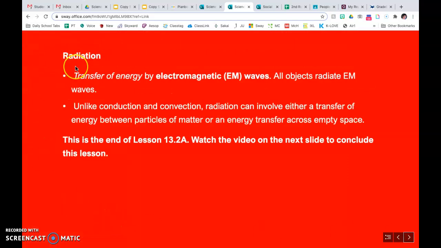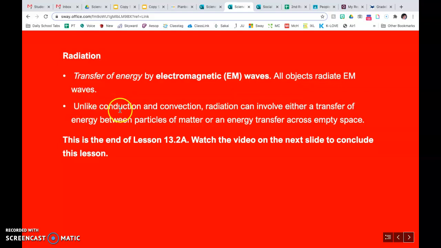And our last transfer of energy we're going to discuss today is radiation. This is the transfer of energy by electromagnetic waves. We call them EM waves. All objects radiate these electromagnetic waves.